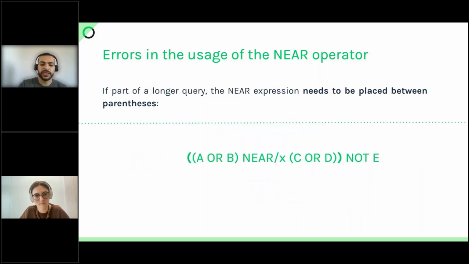And if the NEAR expression is part of a longer query, it needs to be placed between parentheses. Like the example we have here, we have placed the entire NEAR expression between parentheses, and then we added other Boolean operators with other keywords.